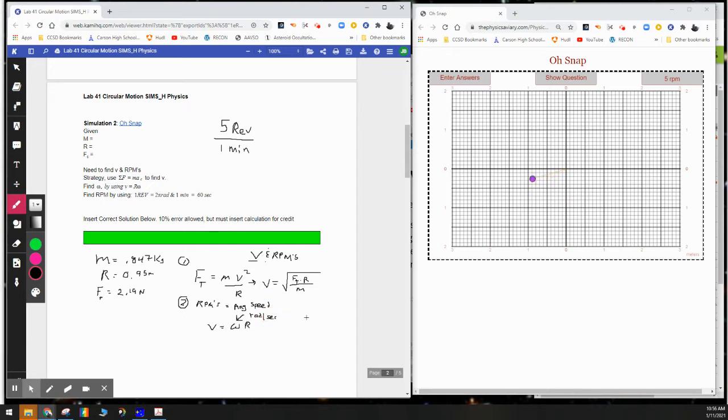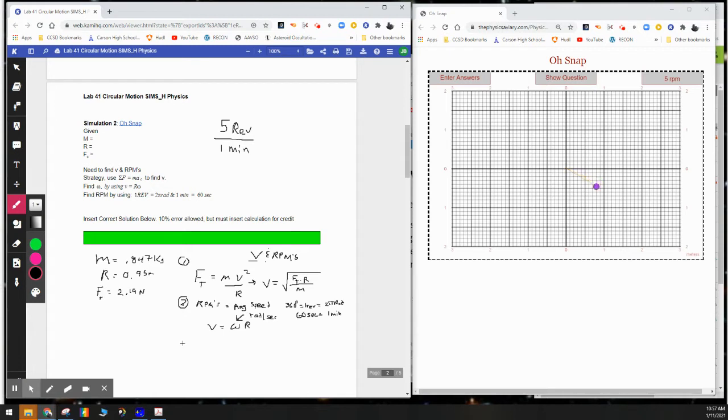What we have to know is that 360 degrees is equal to 1 revolution, and that's going to equal 2 pi radians. We also know that 60 seconds is equal to 1 minute. We have to use these facts.